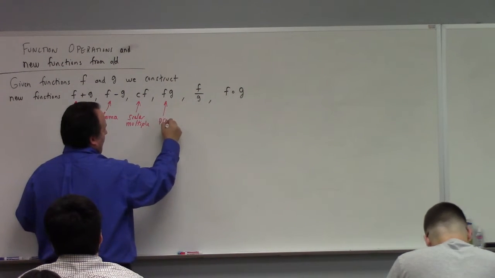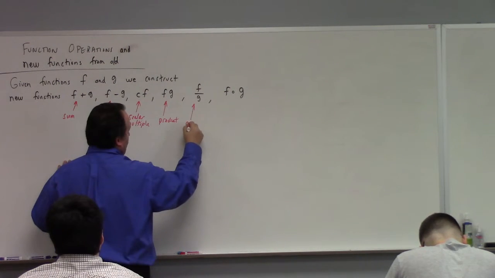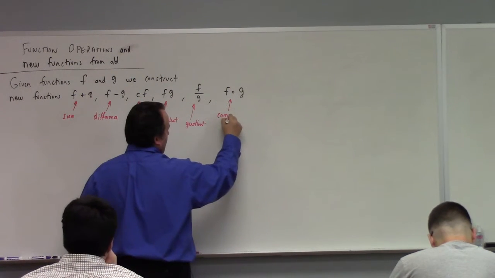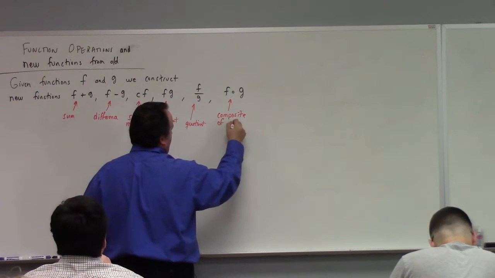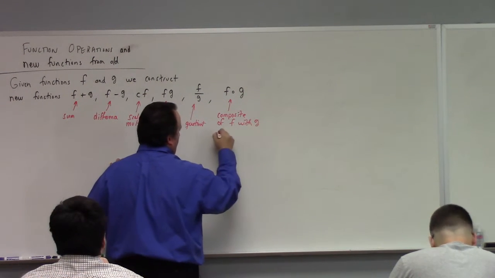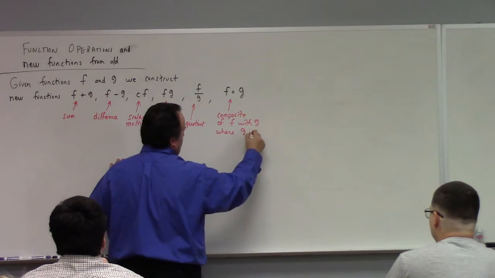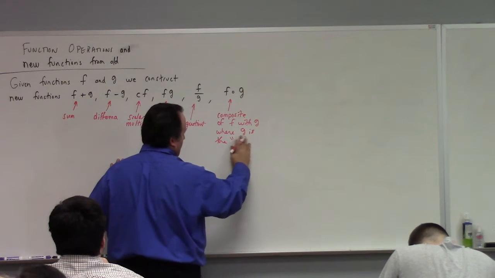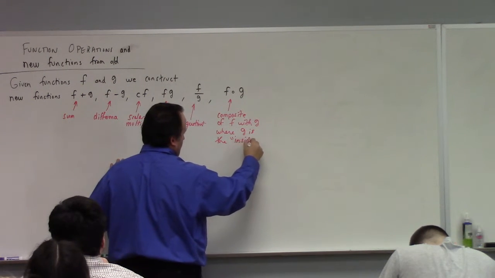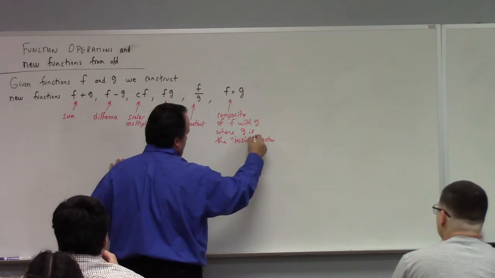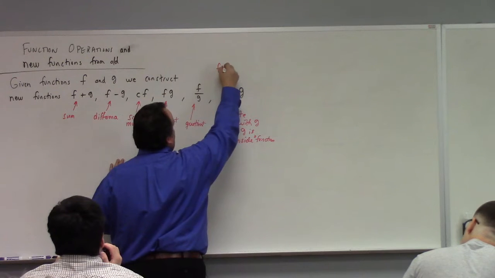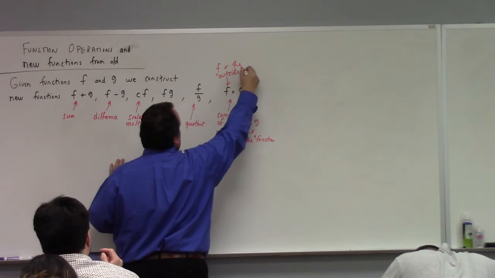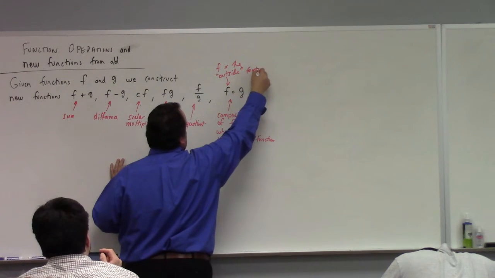Product, quotient, and this, I'll be a little bit more careful, composite of f with g, where g is the quote-unquote inside function. Here, on the other hand, f is the outside function. There is a difference between inside and outside.